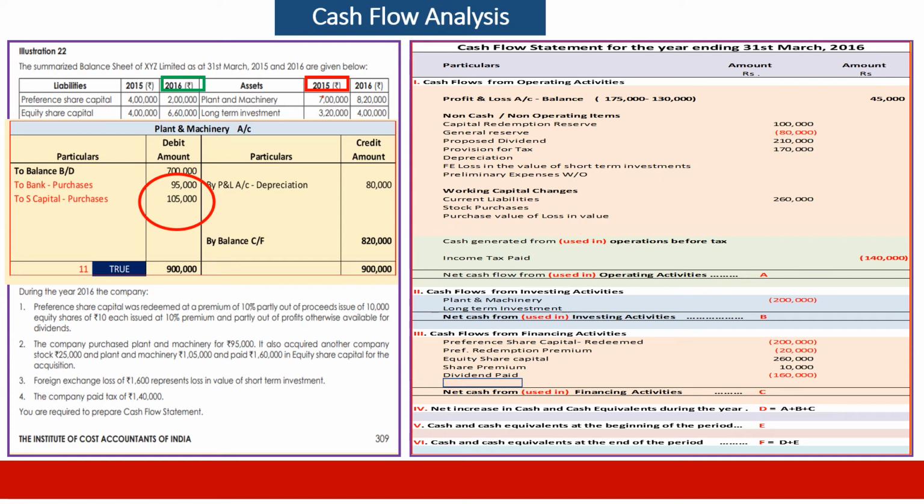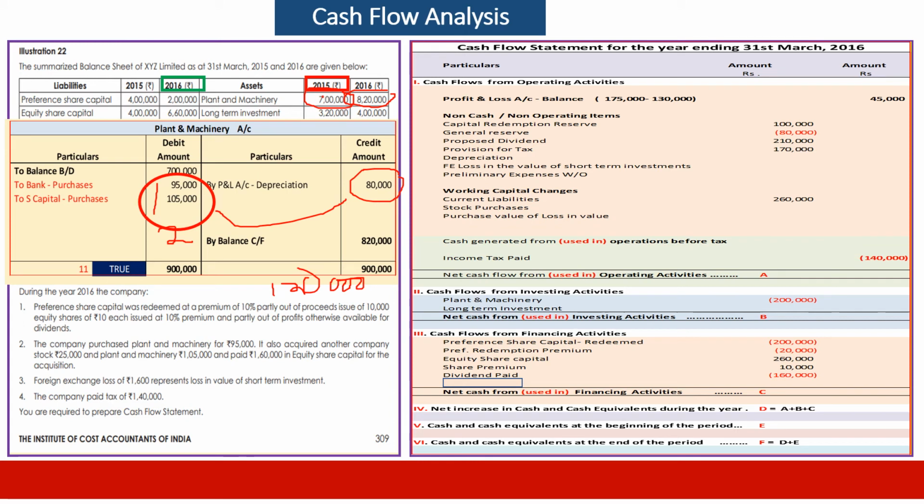Now we are at plant and machinery. As you will observe, plant and machinery is 7 lakh opening, 8 lakh 20 closing, which means there is an addition of 1,20,000 during the year. But as we find, we purchased plant worth 1 lakh 5,000 and 95,000, effectively 2 lakhs, and we had a depreciation of 80,000.